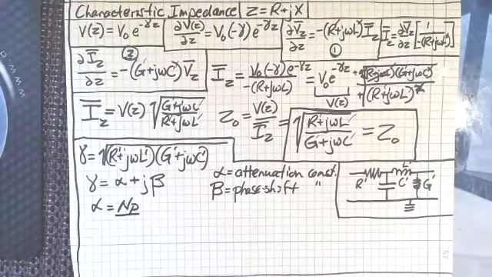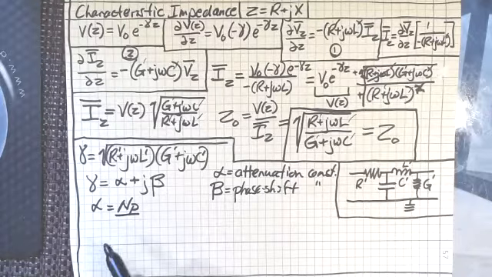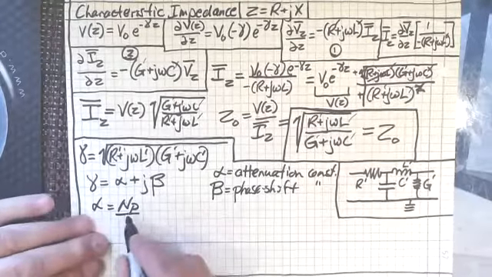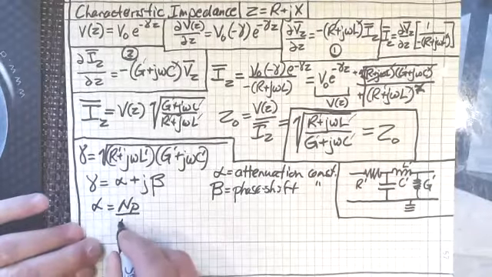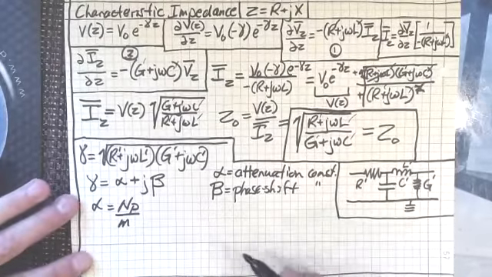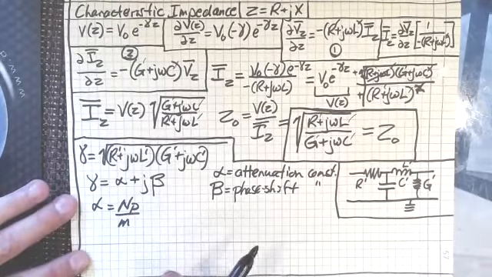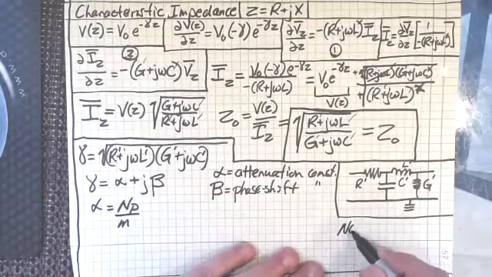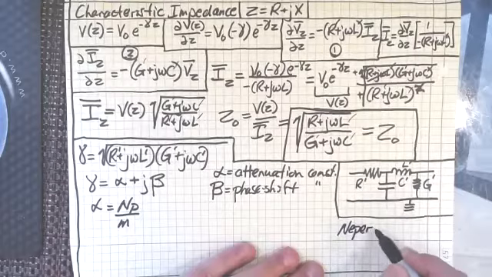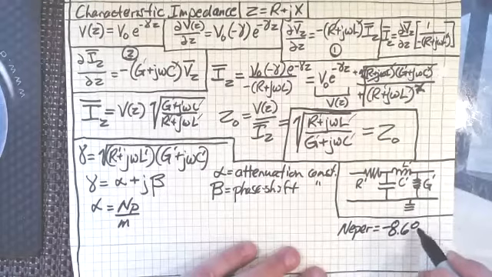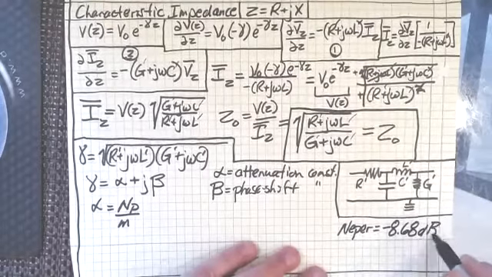It's just like we don't use degrees. We use radians, right? Because that's the real thing. Well, that's what a neper is. The neper is the real thing compared to a decibel. So you've got nepers per meter. Now, what is a neper compared to a decibel? A neper is a unit of attenuation. You can look it up. Yep, a neper is minus 8.68 decibels.